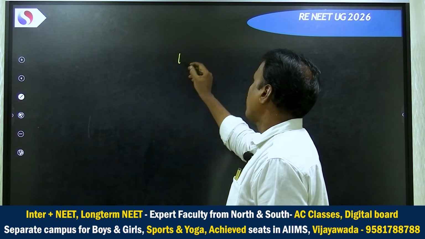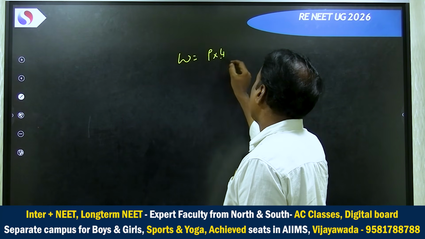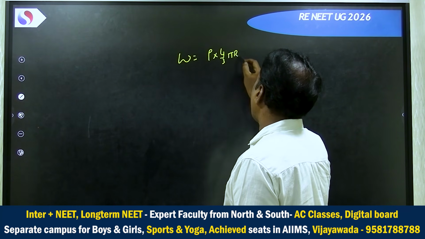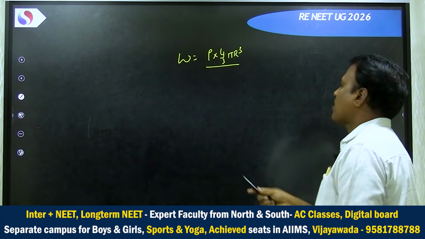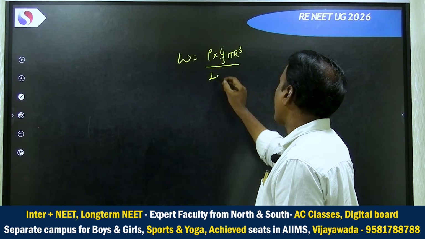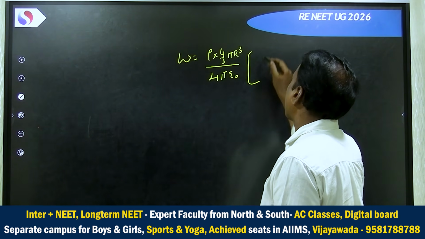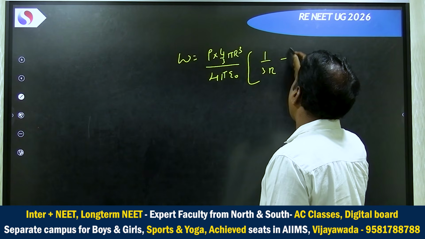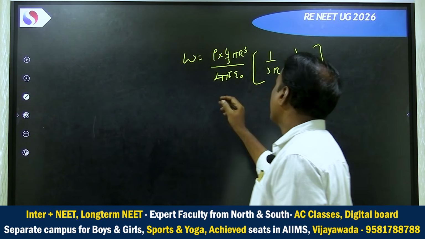Remember, the work done equal to Q. Q means the charge stored inside the sphere, because it is a non-conducting sphere. Throughout the volume there is charge. So it is rho times volume. As usual, the denominator has 1 by 4 pi epsilon naught. And the final distance is 3r.